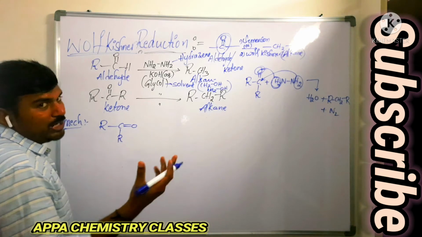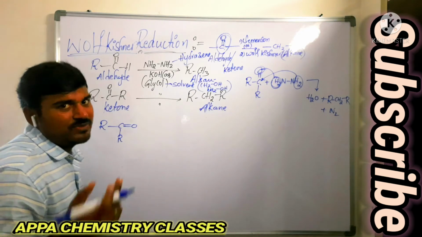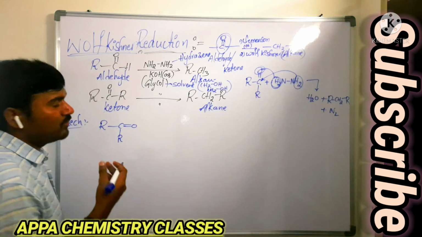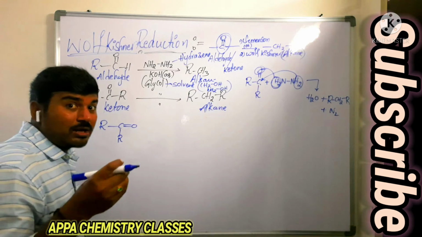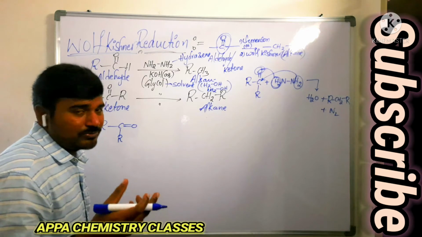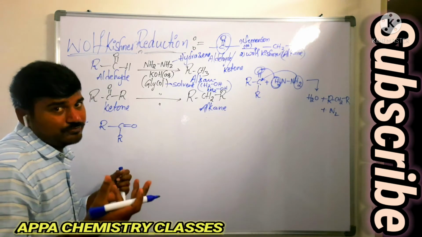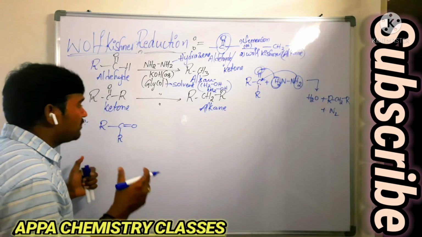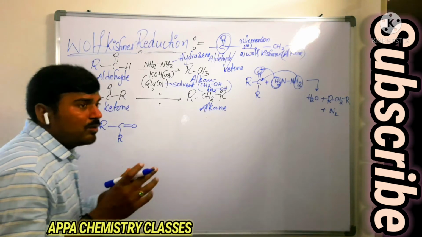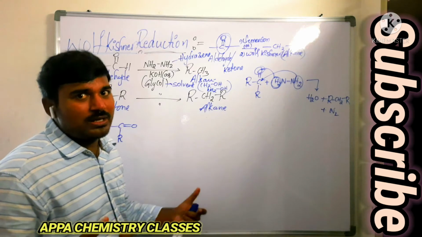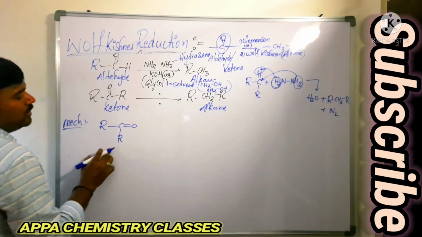But what is the actual mechanism? Whatever mechanism I am saying for Wolff-Kishner and Clemmensen reduction, they are not the exact one. They are just assumed. Whatever mechanism I am explaining is just pre-assumed. There is no proper mechanism for Clemmensen and Wolff-Kishner reduction. Now you take this one.